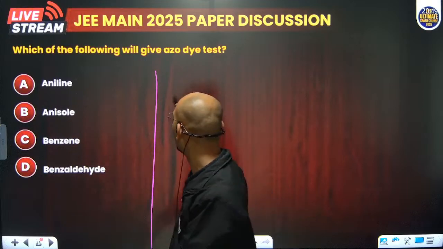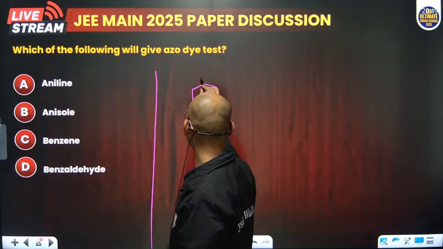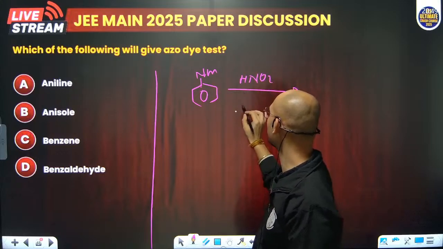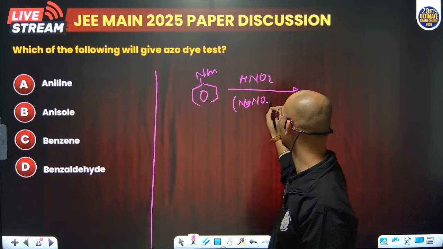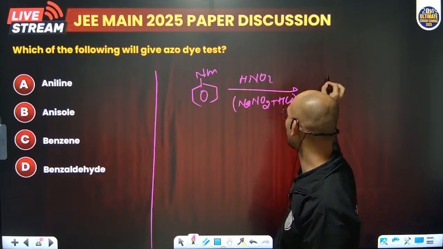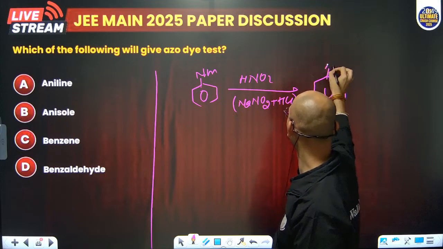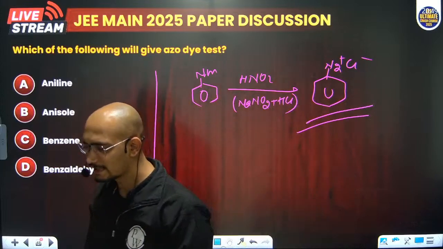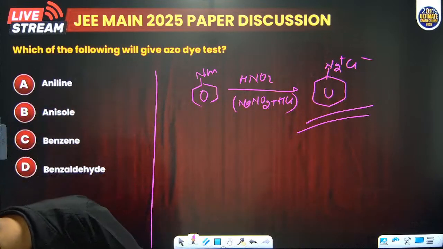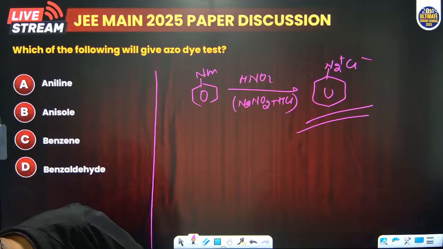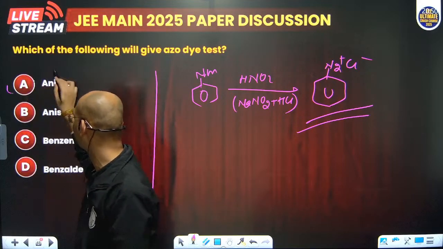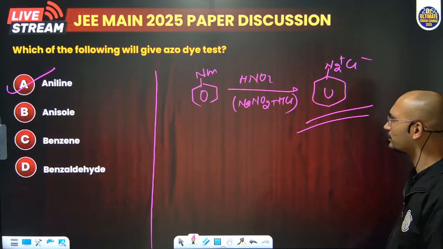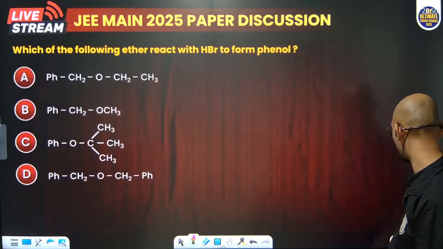But in case of aniline, by help of HNO2, you can say NaNO2 plus HCl, it is going to be N2 plus Cl minus. Diazonium is going to be formed, yes or no? For sure. Sai Praneeth, you are perfectly correct. Aniline will be the correct answer. Perfect. Chalo bhai. So here answer will be very easy, right? It's very, very easy question.